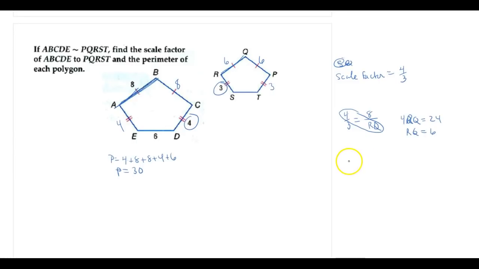Now I have to find ST. So I know ED goes with ST. So I'm going to say 6 to ST equals 4 to 3. So I get 4 ST equals 18.